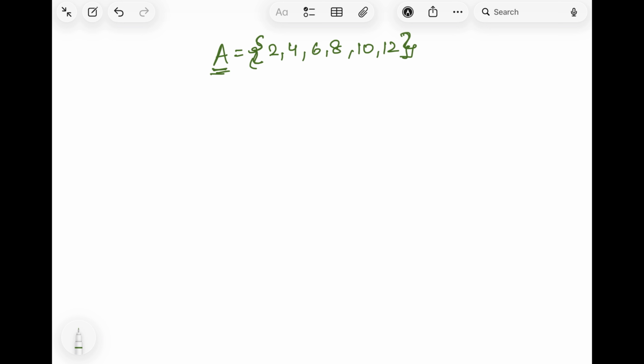We always write a set inside these brackets only, and all these numbers which are present in the set A are the elements of the set. So what we studied in the previous slide, we understand that thing practically, that this is a set notation A, and inside that set which is written in curly brackets there are many numbers. These numbers are called the elements of set A.